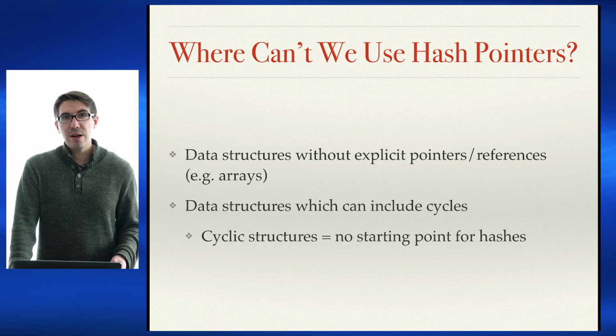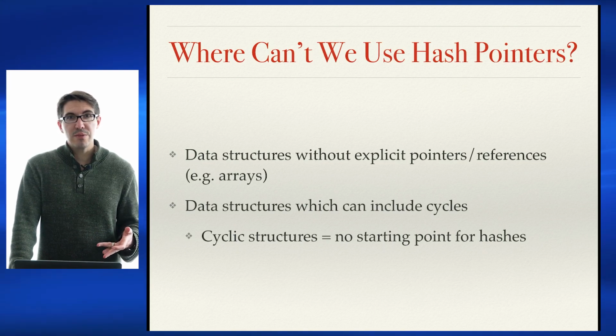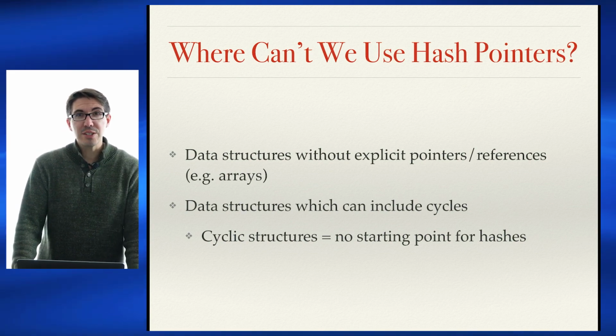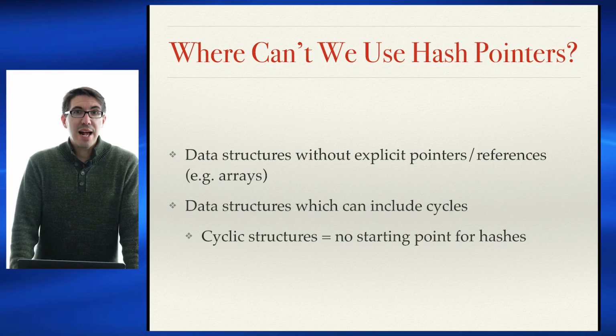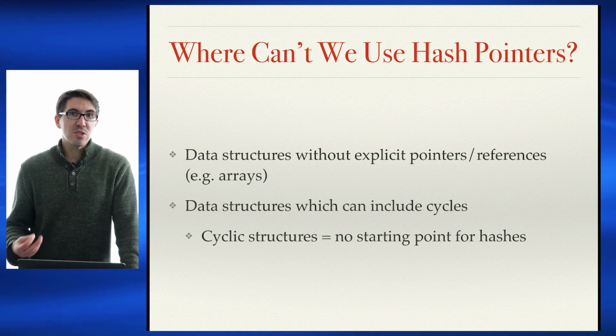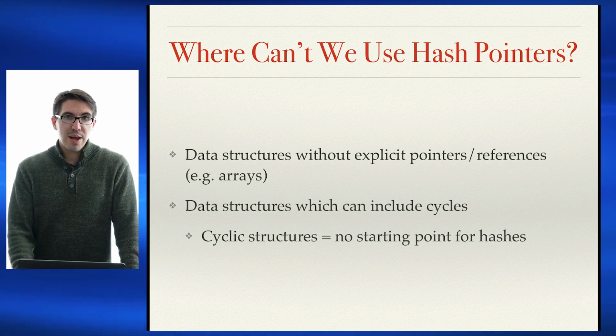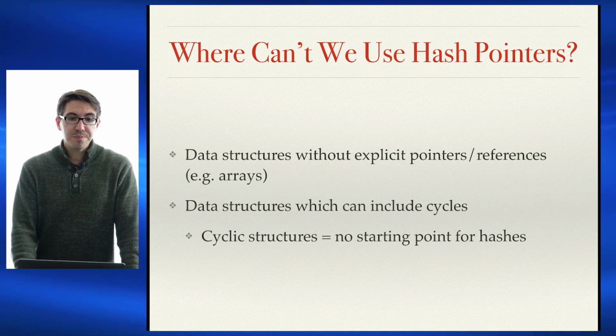If you have some sort of data structure that doesn't have any starting point, for example an undirected graph that has cycles in it, there's no place to start. There's no place to have your initial hash. And so hash pointers simply won't work.